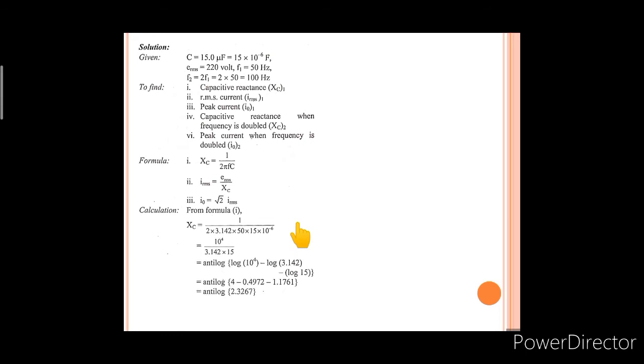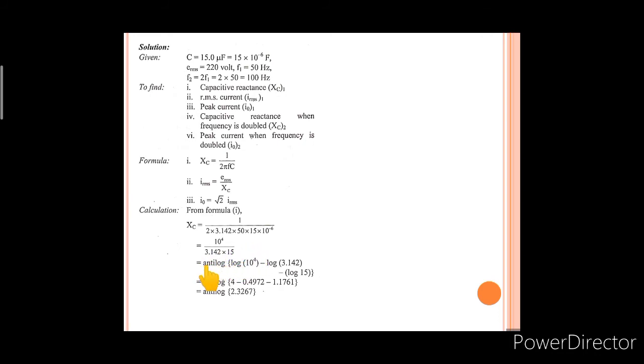When solving the denominator, we keep 3.142 as it is, and the multiplication of 50, 15 and 2 gives 15 × 10^-4. So finally we write it as 10^4 upon 3.142 × 15.